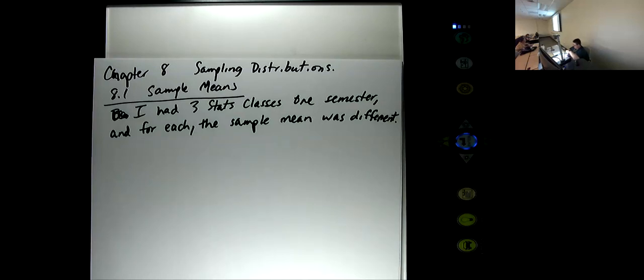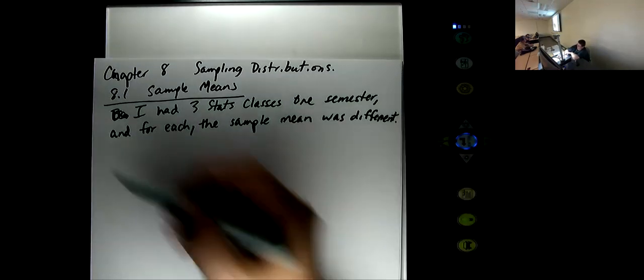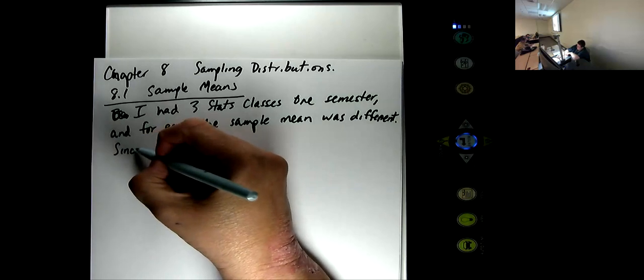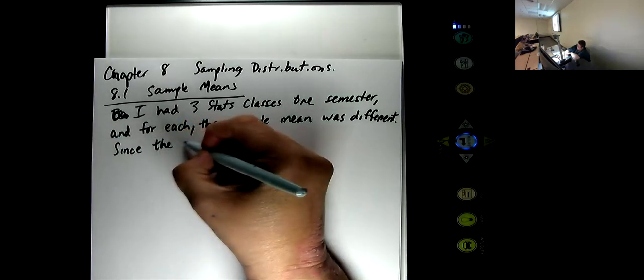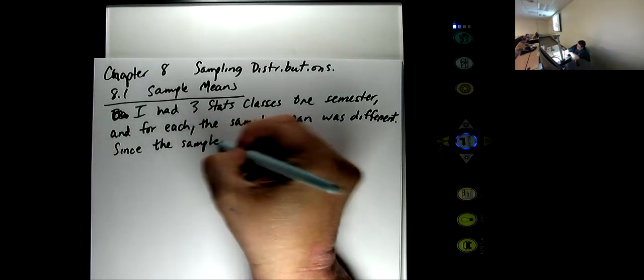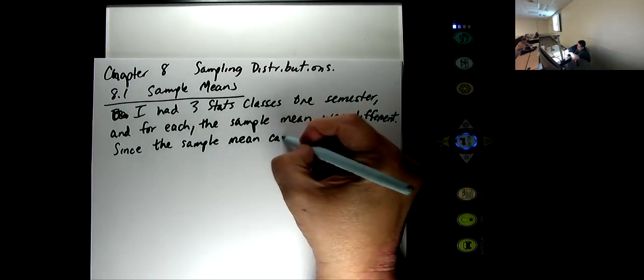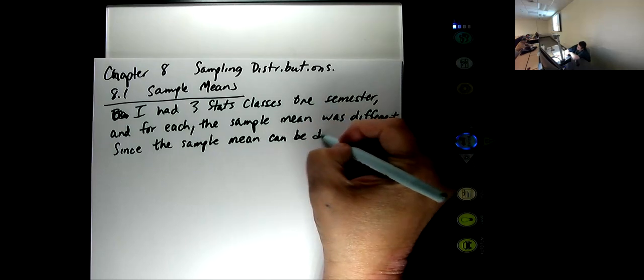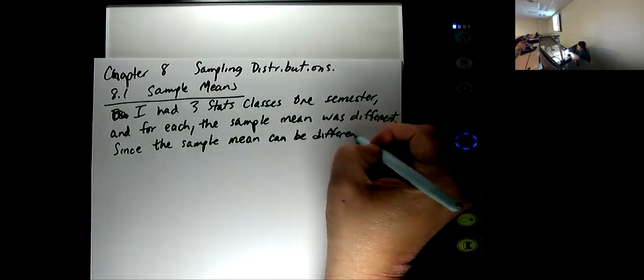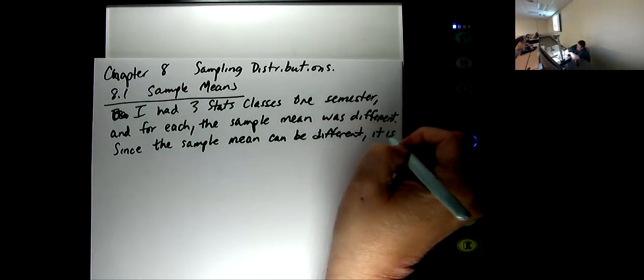Since the sample mean is different, not the fact that it is different, but the sense that the sample mean can be different, it is a random variable.